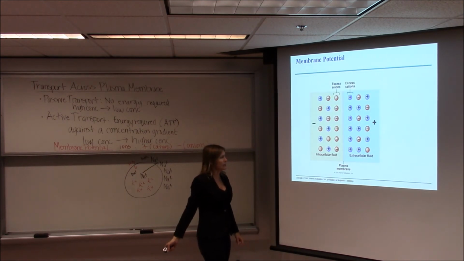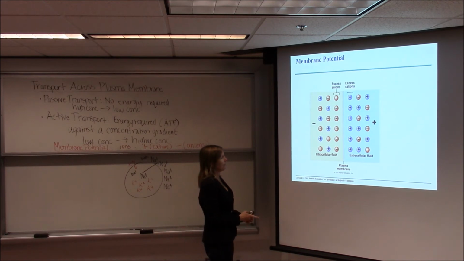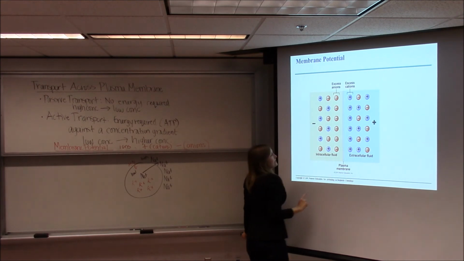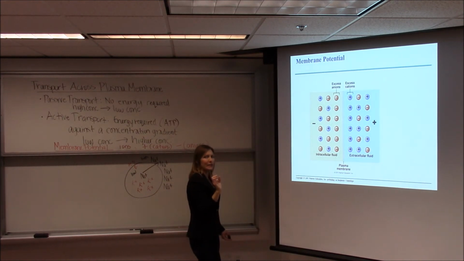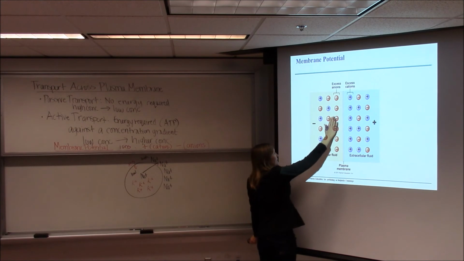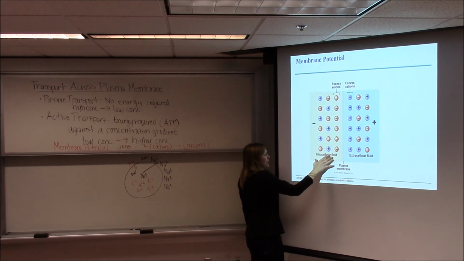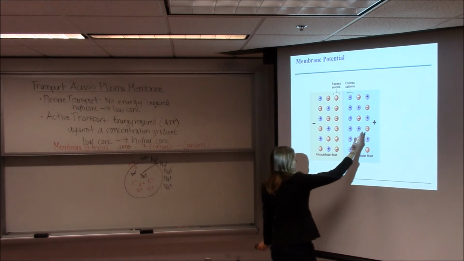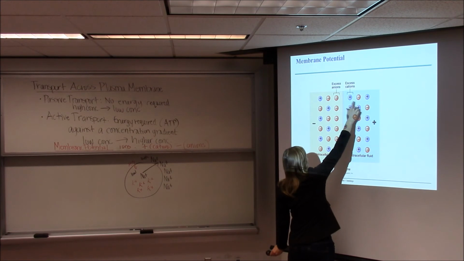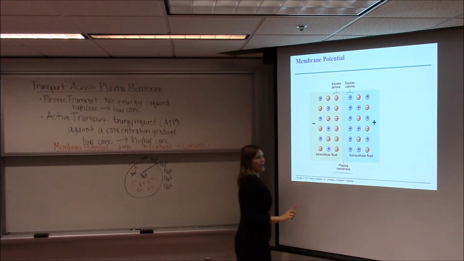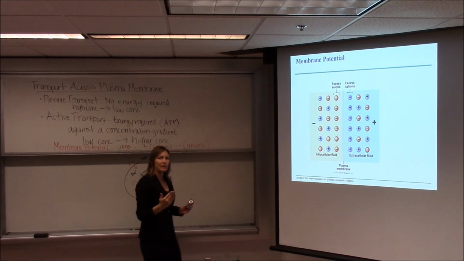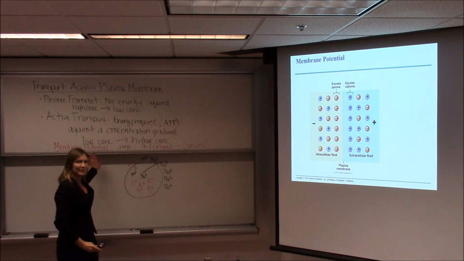This next example is a little more clear. You can see on this side we have more anions. Remember, anions are negative. And because we have more of these negatively charged ions on this side of the membrane, it's going to have a net negative charge on this side. The opposite is true on the other side of the membrane. We have more cations, more positively charged ions on that side. So this creates a net electrical charge on one side or the other, and that is called membrane potential.